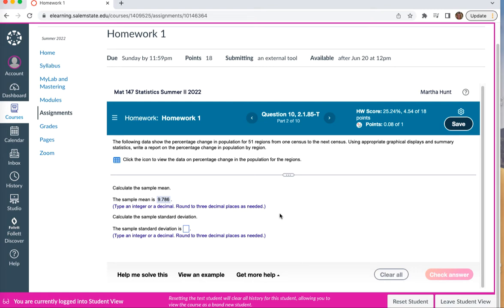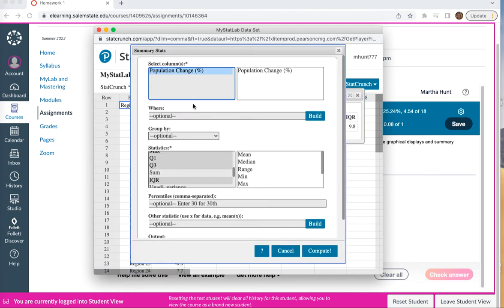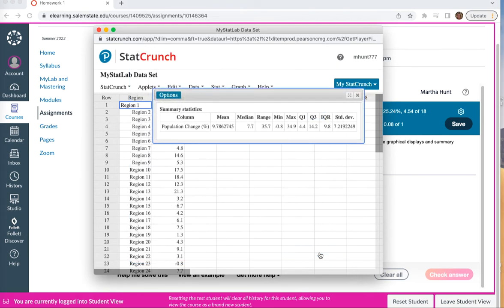I don't think I requested the standard deviation. What I could do is go back and say, oh my gosh, I didn't request that. I could edit this, come down here, and add the standard deviation to my list and compute again.